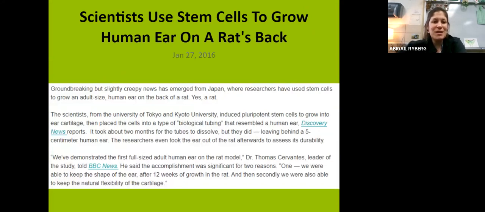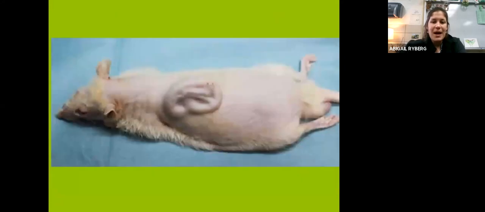Oh, here's a cool example. This is actually still 5 years ago. You may have seen this, but basically scientists used stem cells to grow a human ear inside of a rat. The process was, they had a live rat.